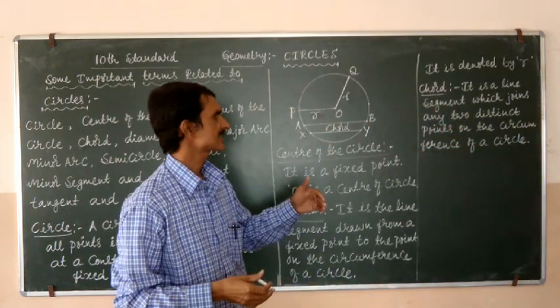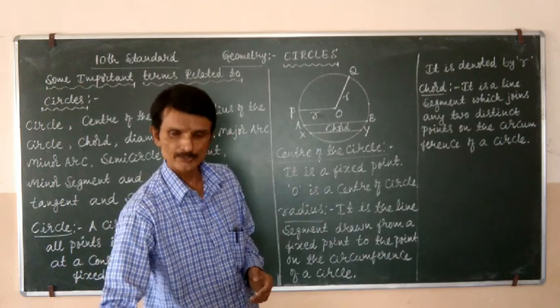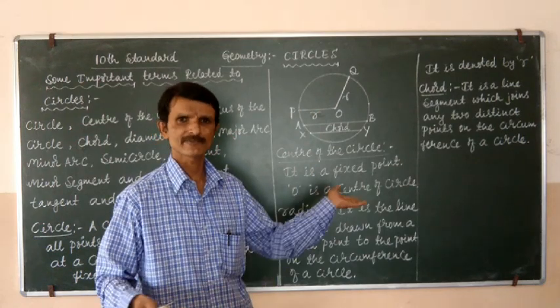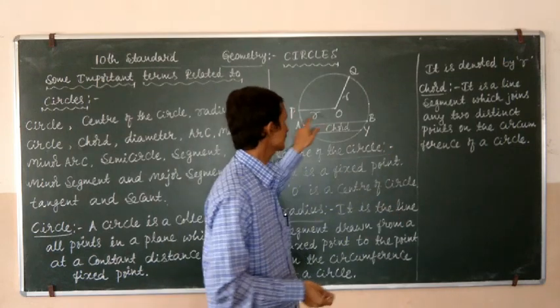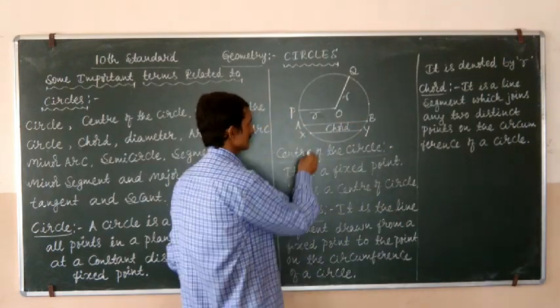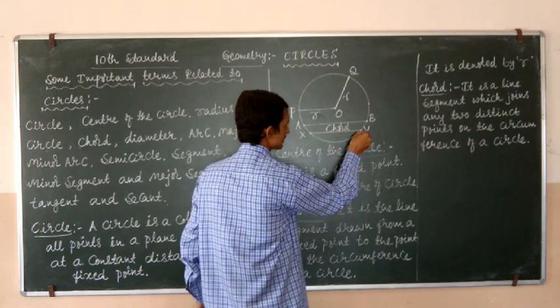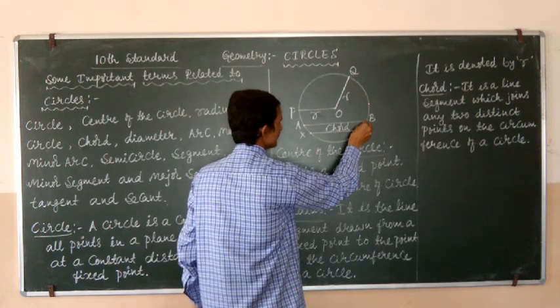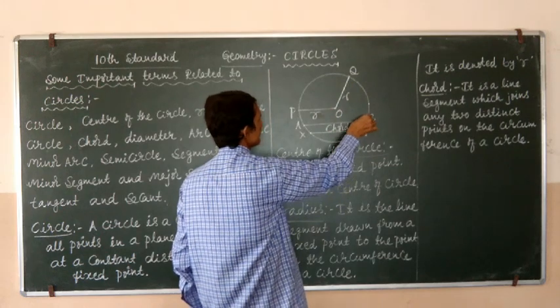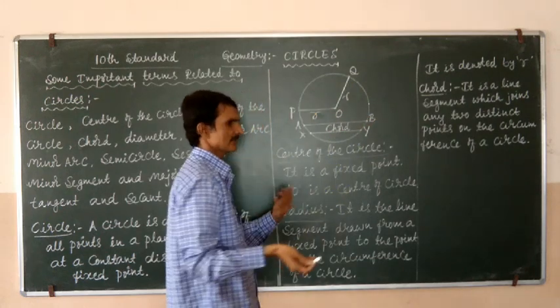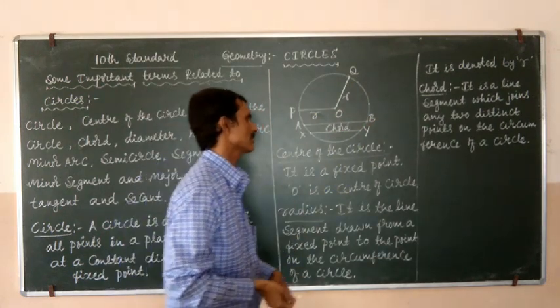Distinct means different points on the circumference of the circle. So if you join X and Y, A and B, or X and Q, or B and P, it will be called a chord.